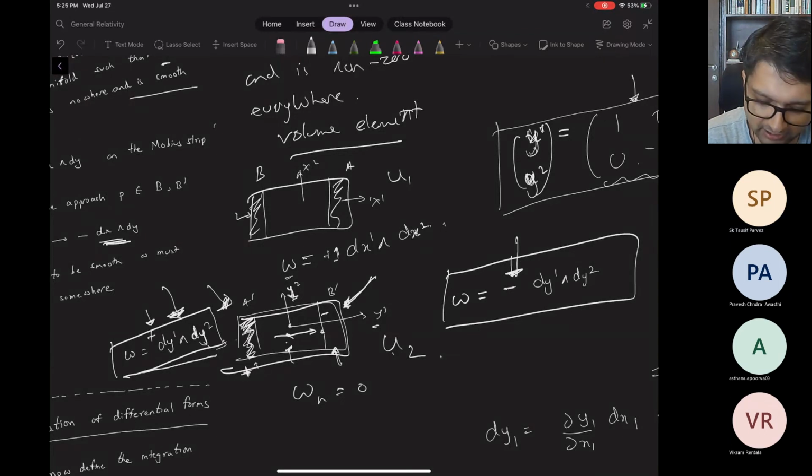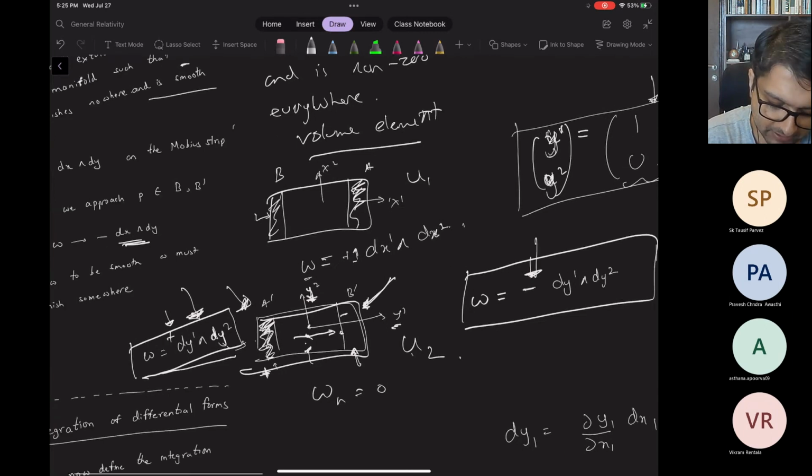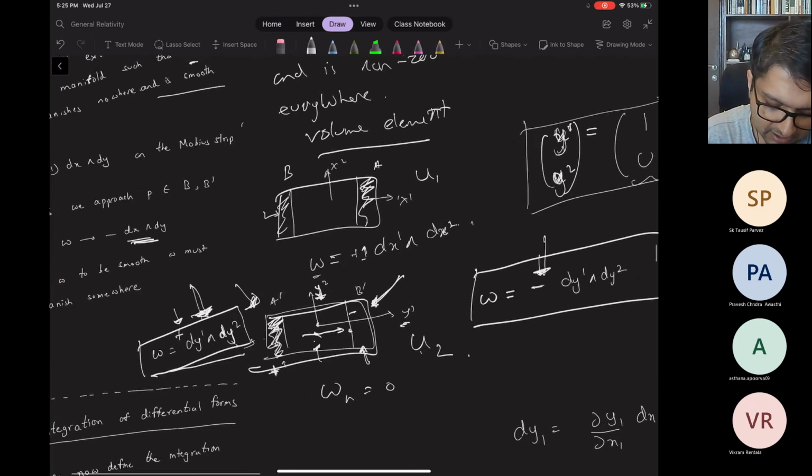Okay, so once I fix the coordinate system on y1 and y2, and once I demand that I give you the mapping between A and A prime and B prime, then it automatically fixes the omega defined here as dy1 wedge dy2, which is the same as dx1 wedge dx2 in the overlap region.